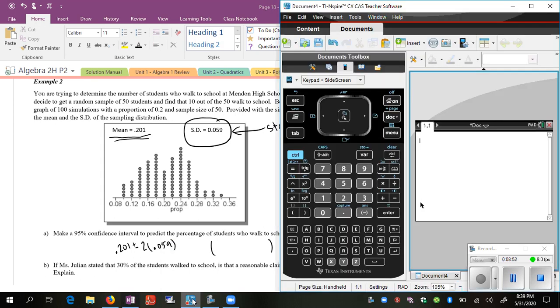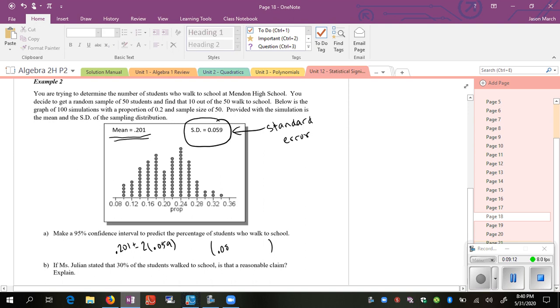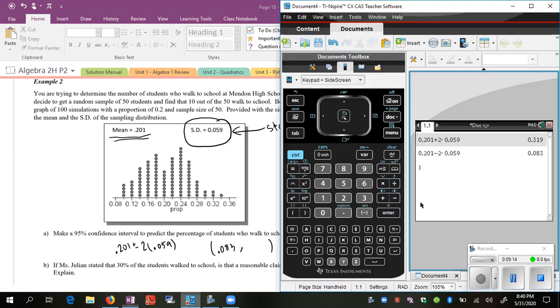So we have 0.201 plus 2 times 0.059. So this is our upper bound, and 0.201 minus 2 times 0.059. And so our confidence interval goes from 0.083 up to 0.319.